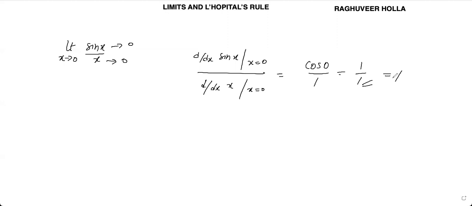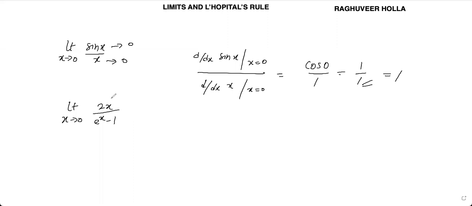Now we'll look at another problem: limit x tends to 0, 2x by e to the power of x minus 1. Again, this problem requires L'Hopital's rule.